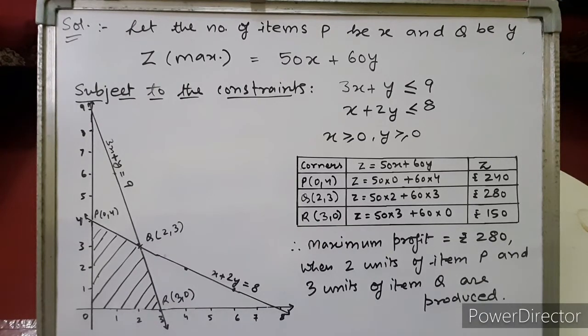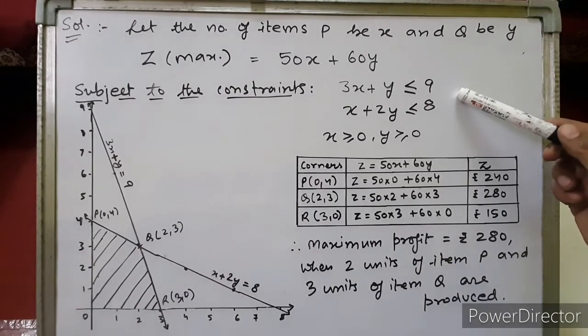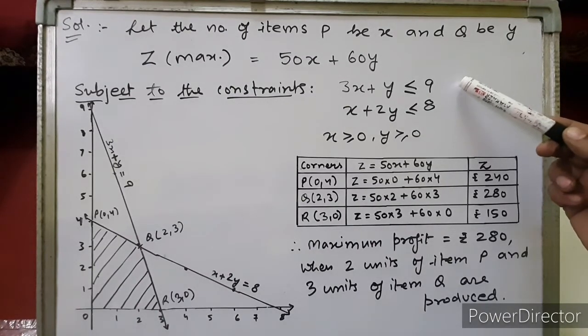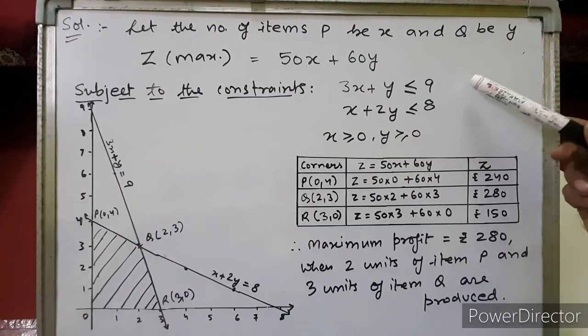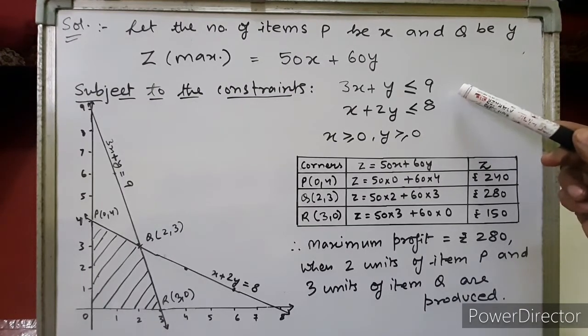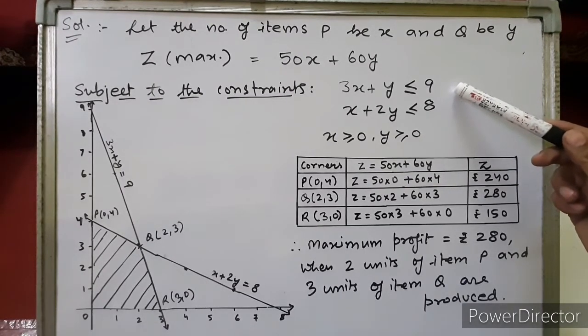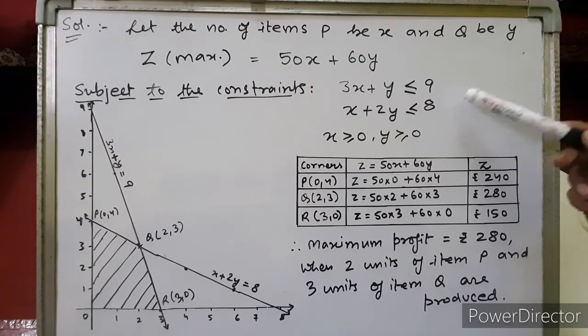That means 3x plus y will be less than equal to 9. We cannot use gold more than 9 grams, so it will be either equal to 9 grams or less than 9 grams, right? So the quantity of gold is 3x plus y less than equal to 9.